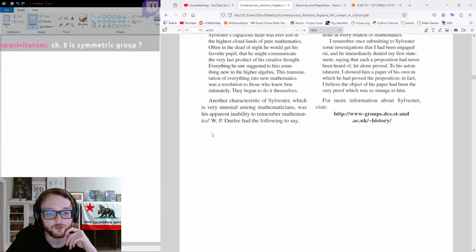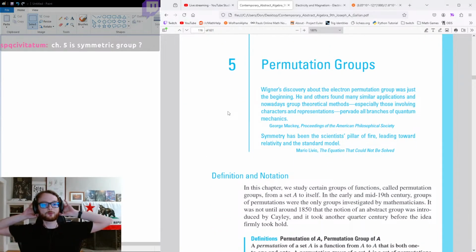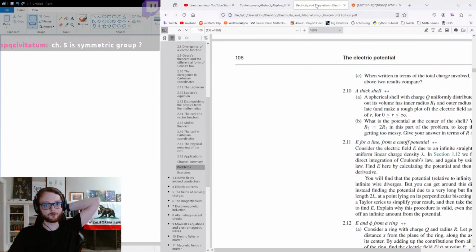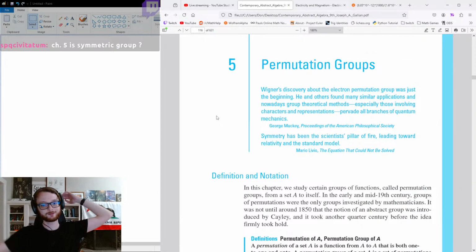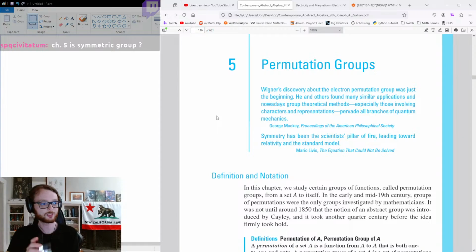Yeah, Pensar has been on chapter 5 for a while. Permutation groups. I've just been super behind because the E&M has been so much fun, but I still want to do the algebra too. Oh my god, I've just been too lazy to actually read chapter 5.